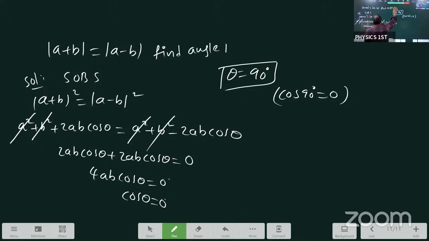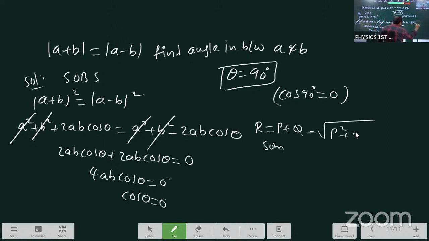Find the angle between A and B. First, modulus of A plus B is equal to modulus of A minus B. Squaring on both sides, A plus B whole square equals A minus B whole square. In the parallelogram law, we get A square plus B square plus 2AB cos theta. In the parallelogram law, with P and Q, R equals P plus Q. This is the sum: P square plus Q square plus 2PQ cos theta.